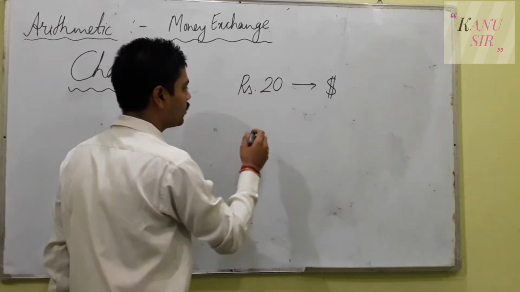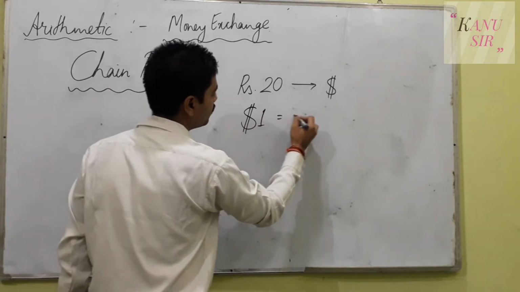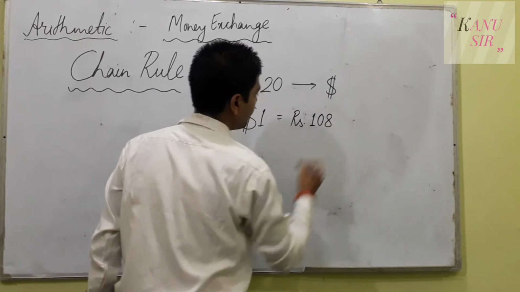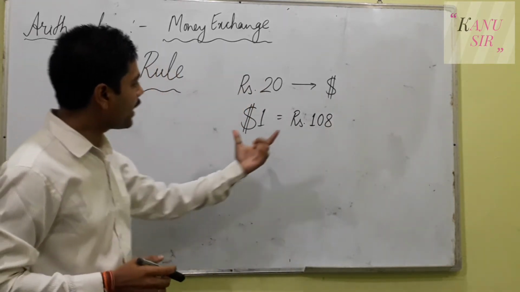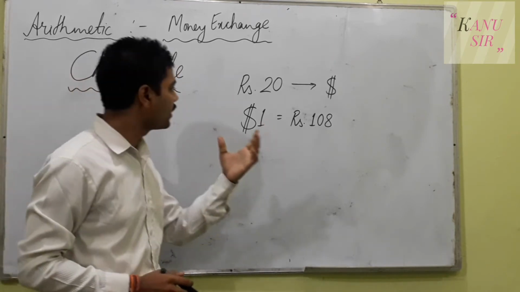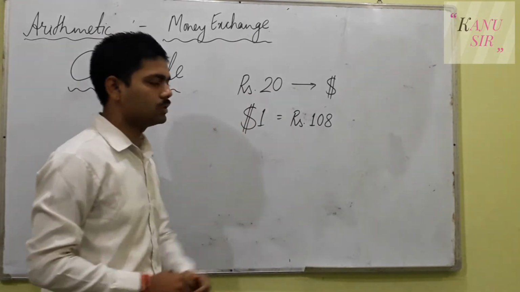For that you must know the international exchange rates, like if $1 is equal to 108 rupees, then with the help of this you can exchange any amount into rupees or any amount into dollars.